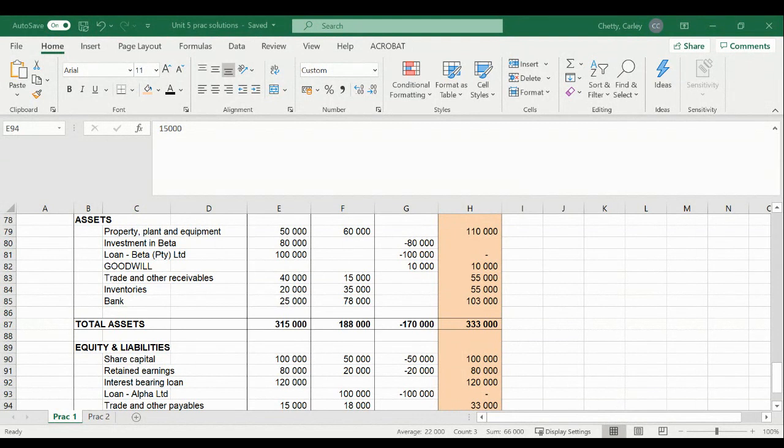Then someone is asking, how do you pick up that this is an intergroup transaction? So let me stop sharing this screen. If you have a look at the scenario, I'll share the question again.